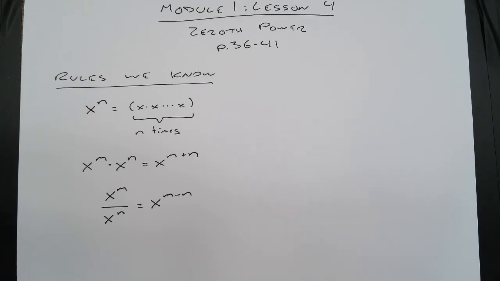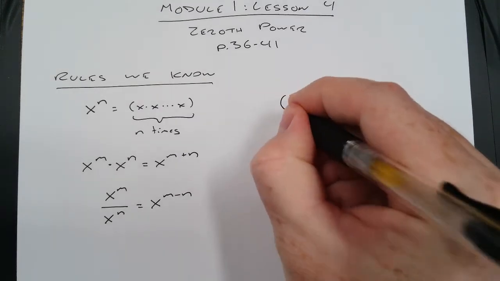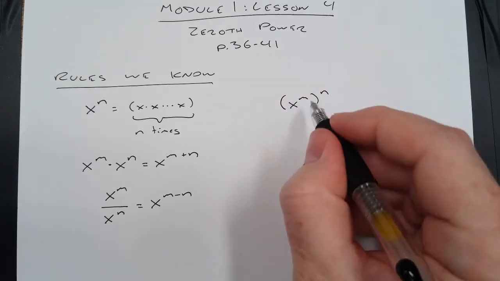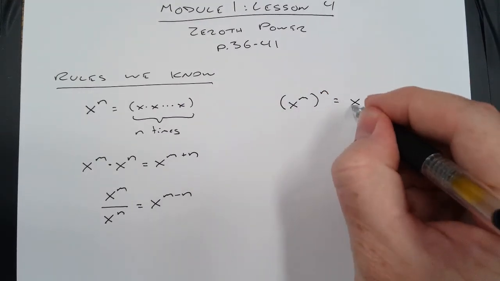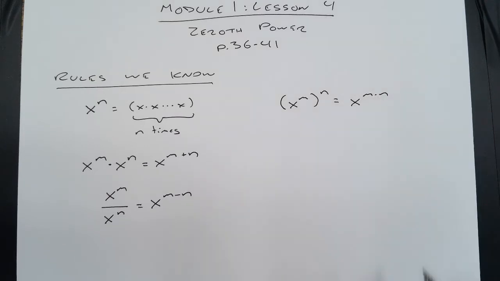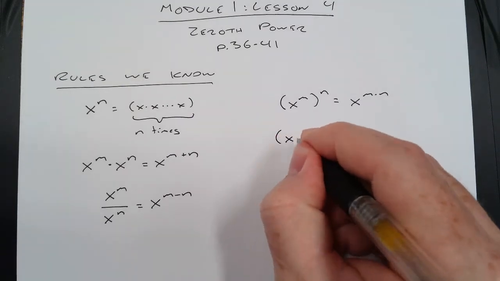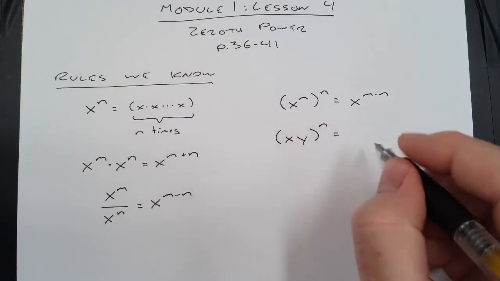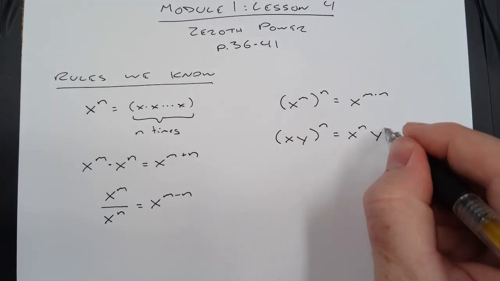We also learned in lesson 3 about the rules of exponents with parentheses. We learned that if you have a base raised to a power and then raised to a power, looking like that, you multiply the exponents. And another rule with parentheses, we saw that when we have two bases inside parentheses and an exponent outside, the exponent gets passed to both of them.